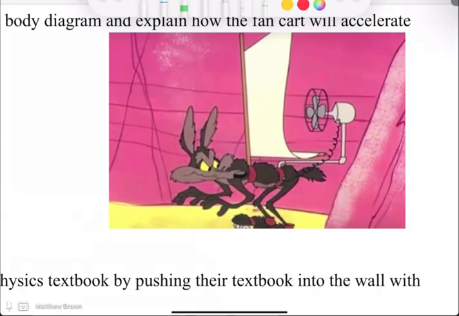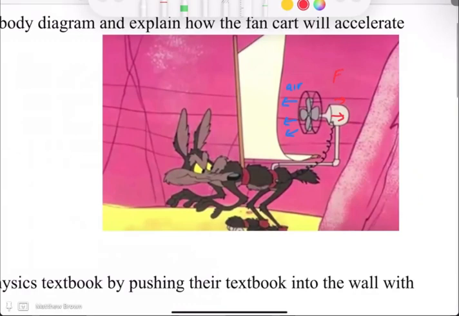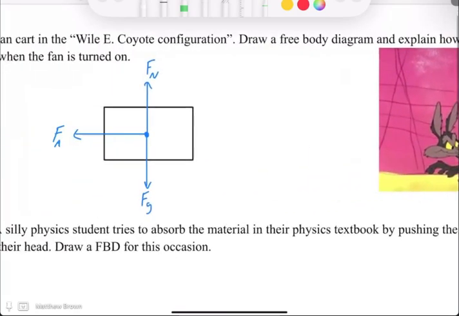When a fan technically sends air molecules, we've got air being pushed this way, while Newton's third law says there's an equal and opposite force on the fan, and because it's attached to everything, you could say this is the force of the air on the fan. So there's actually a reaction force here if you wanted.